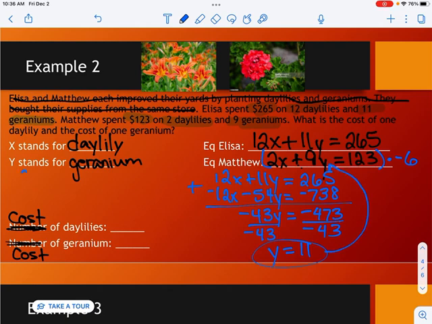So now I have 2x plus 9 times 11 equals 123. So 2x plus 99 equals 123. So 2x equals 24. Divide by 2, and x equals 12. So the cost of my daylilies is $12. The cost of the geraniums is $11.